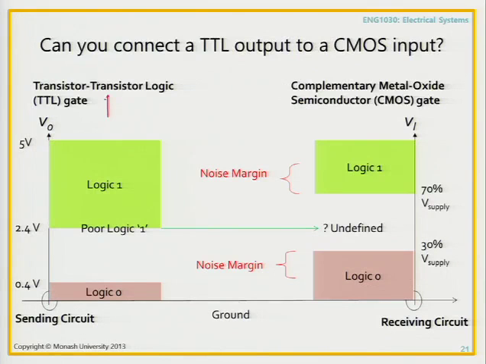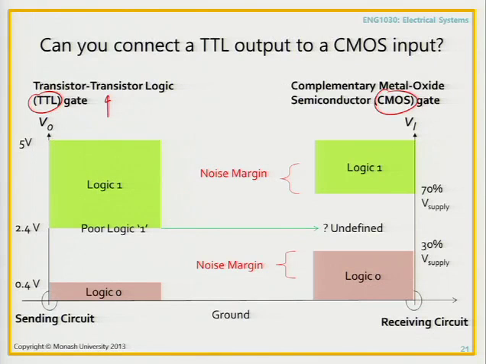Over here, you've got a TTL transmitter to a CMOS receiver. Your TTL gate goes, okay, I can send a 1, and the 1 is in any range here. Anything, because I know that when I'm talking to my mates, when I say a 1, that could be anything from 2.4 to 5 volts.